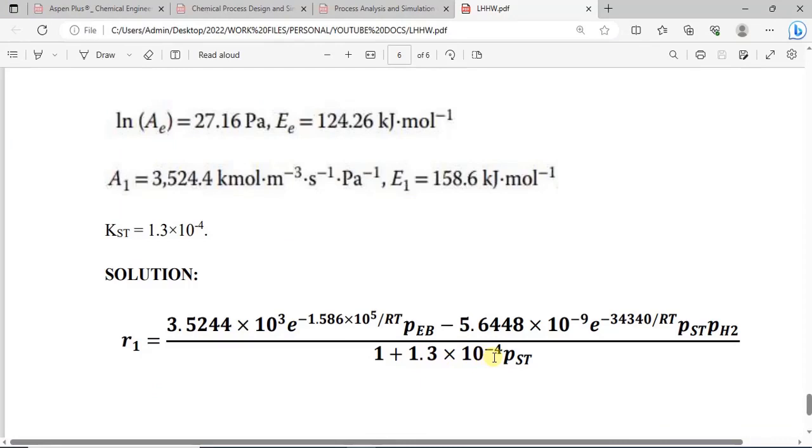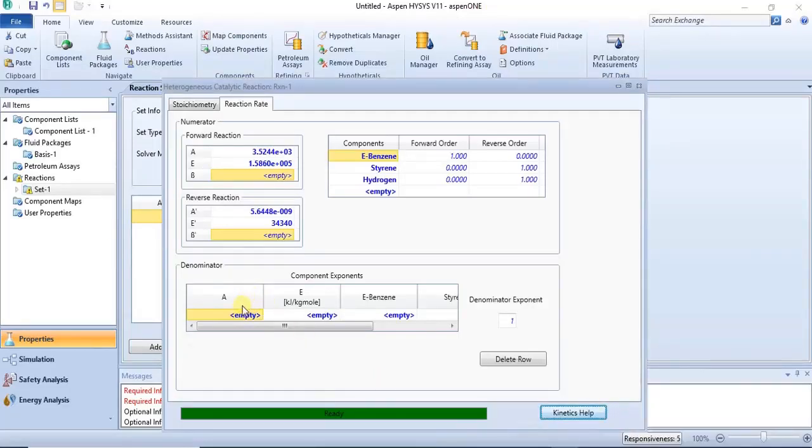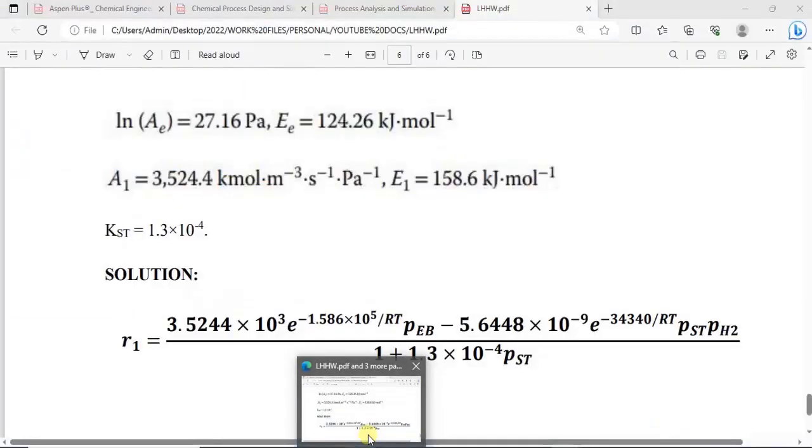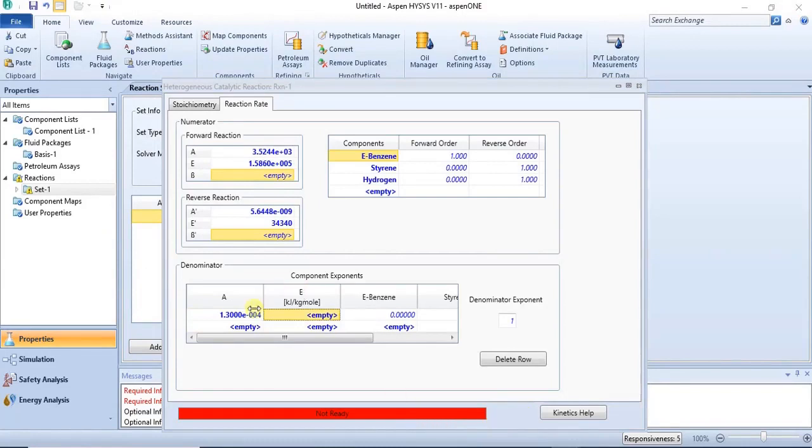It is actually equivalent to A, so we'll be inputting it there in the A section of that first table. So that will be 1.3 e raised to the power minus 4.